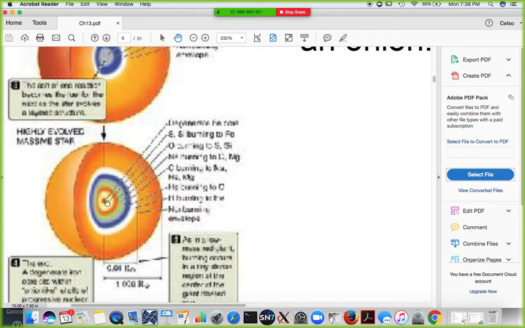And again, here it is indicating the different fusion reactions happening not only in the core as the star evolves, but in the shells surrounding the core. So you can suspect the amount of energy that comes out of the central region is such that the star expands to become a large star.